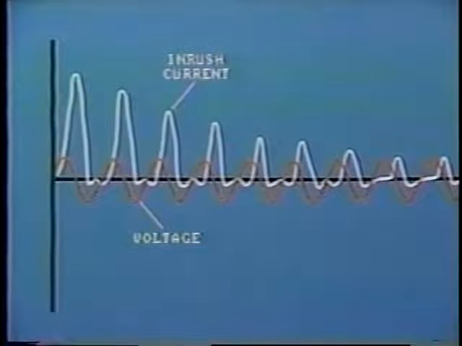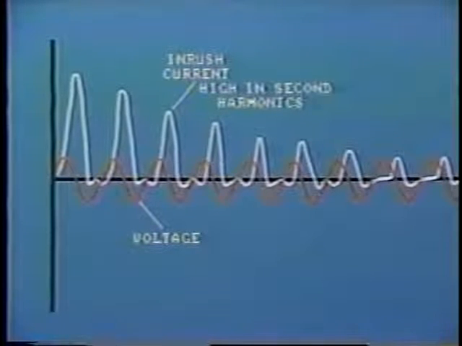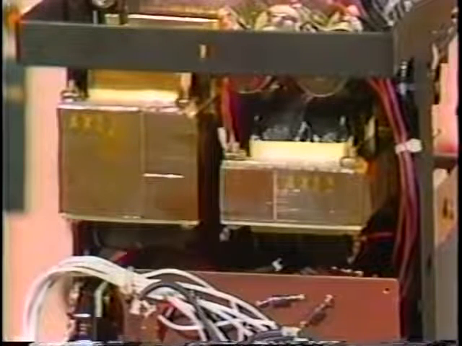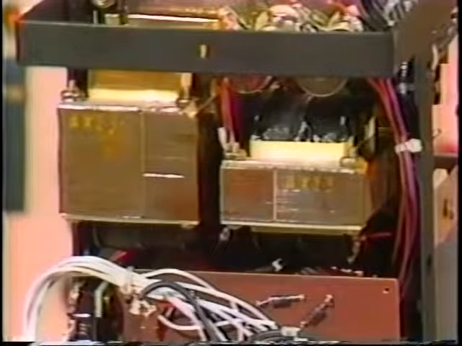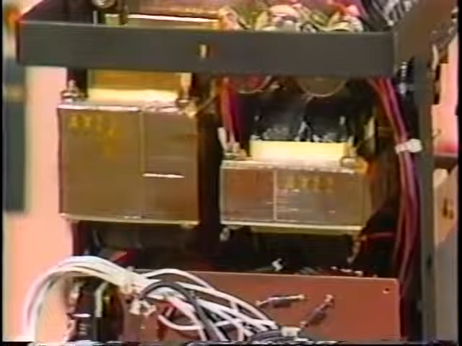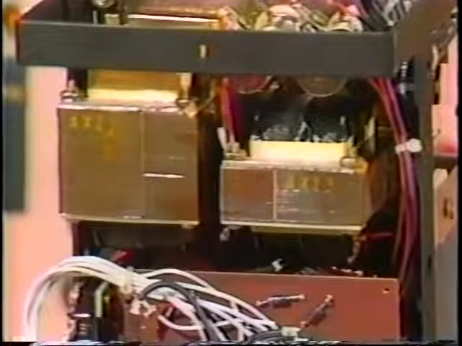The large inrush current is high in second harmonics, and this factor is used to provide harmonic restraint to differential relays, which are used for transformer protection. The harmonic restraint unit filters out the second harmonic and uses it to restrain operation of the relay.